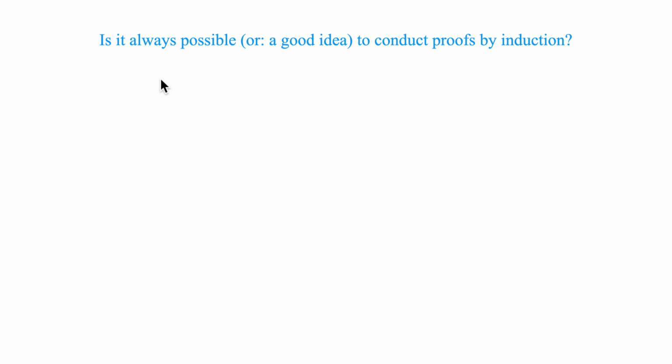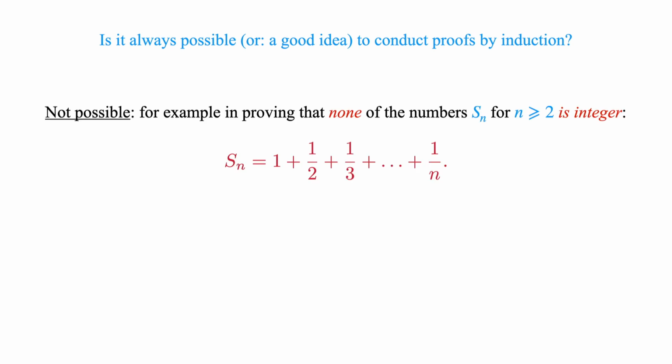And now a question: is it always possible or a good idea to conduct proofs by induction? Well, sometimes not. For example, such a statement that none of the numbers of this type is an integer cannot be proven by induction. Generally, negative statements would be very hard to prove.